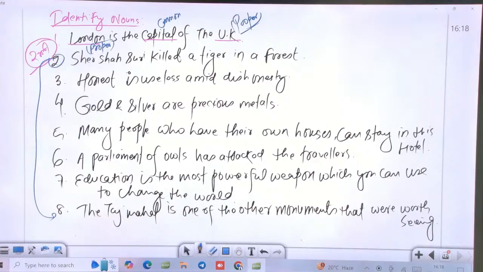Just mark all the nouns and give names out of all 5 nouns in English. Everyone, do it by yourself first.